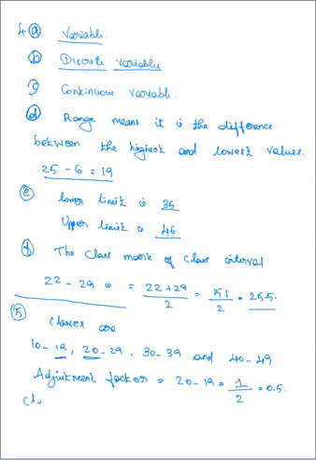So the classes we need to write like this: 9.5 to 19.5, 19.5 to 29.5, 29.5 to 39.5, and 39.5 to 49.5.